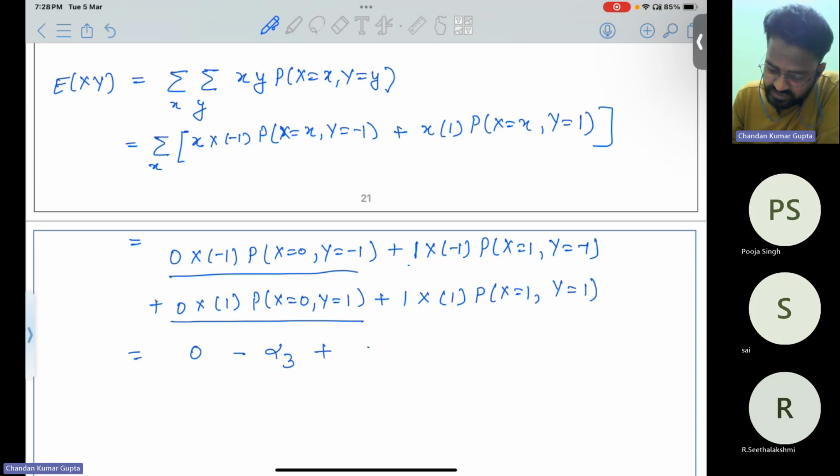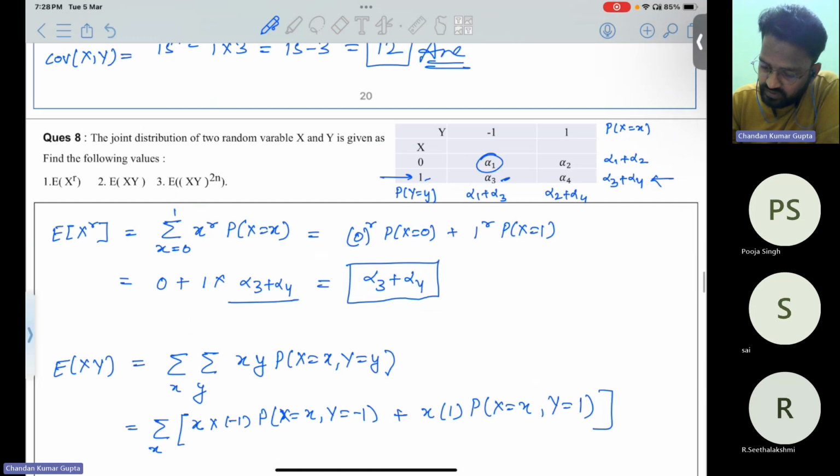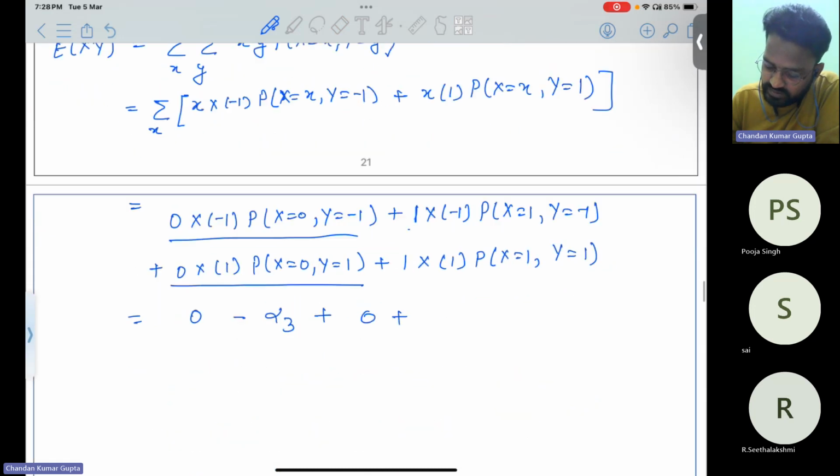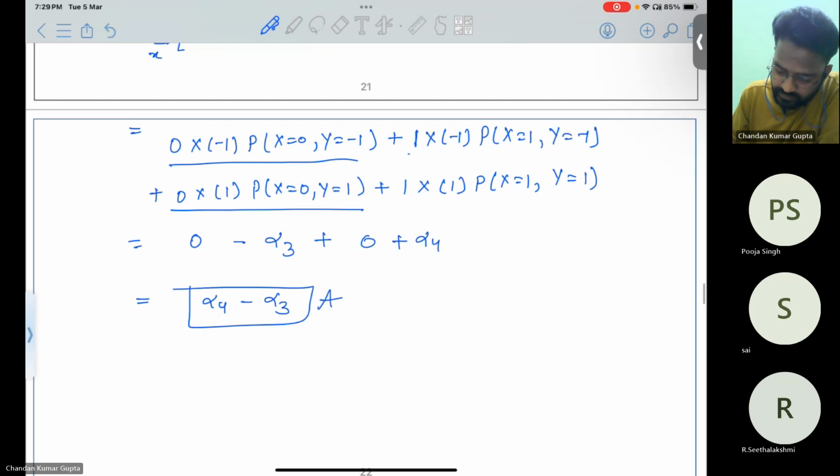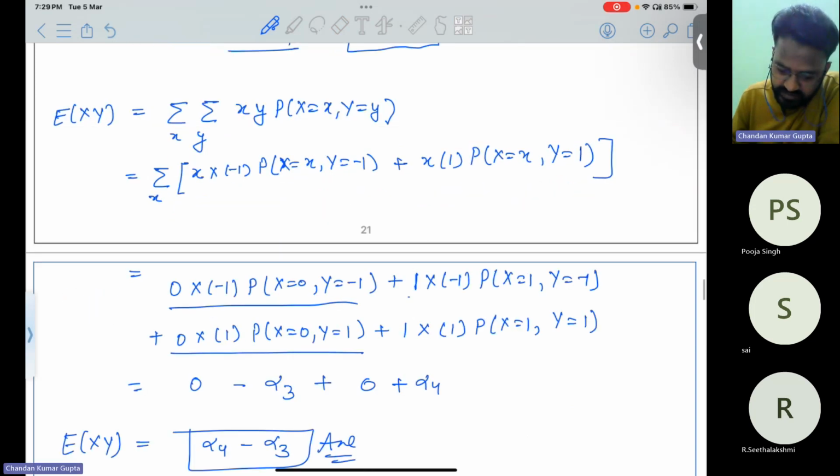Here also it is 0, plus 1 times 1, and X is 1, Y is 1 is alpha 4. That means it is alpha 4 minus alpha 3. This is the expected value of xy.